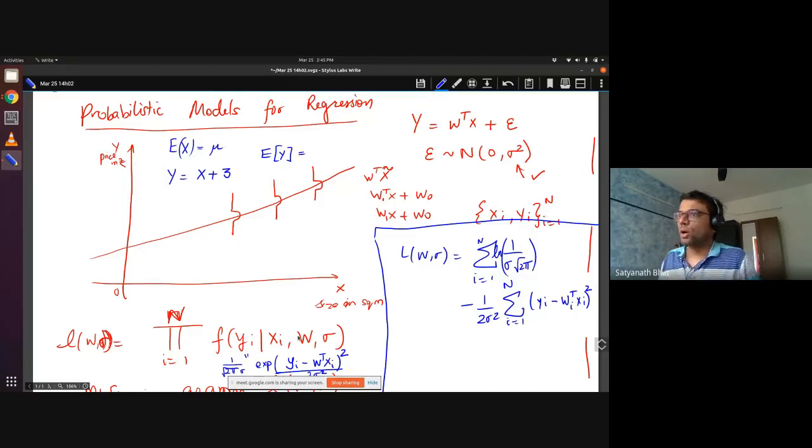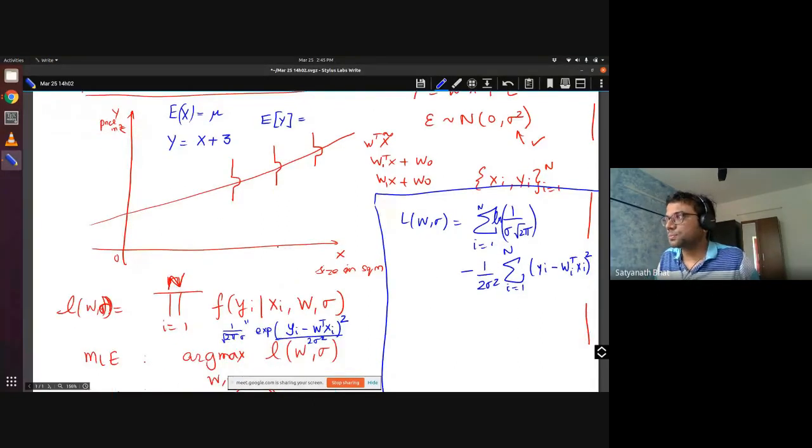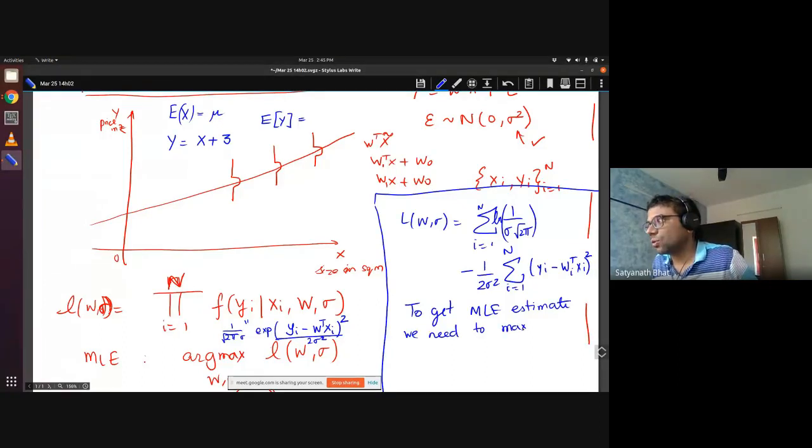So now, what do we do in MLE? We try to find which W maximizes it, and in order to do that, we have to maximize this. So to get the MLE estimates, we need to maximize over the parameter space W and sigma.